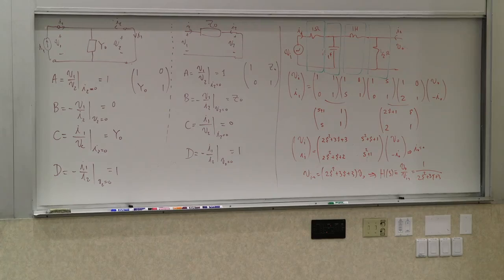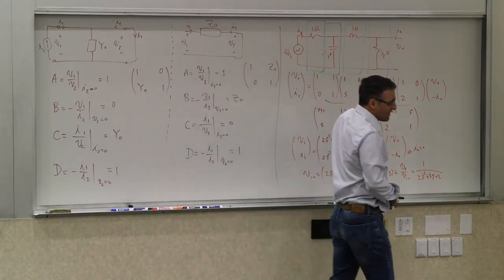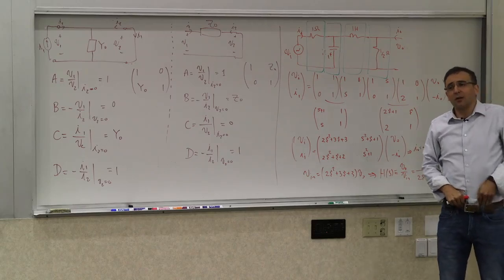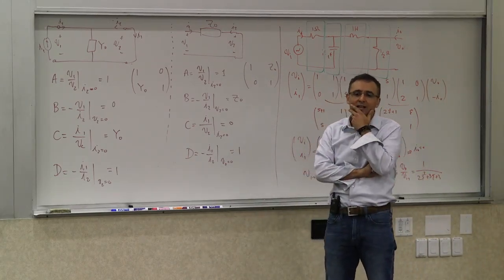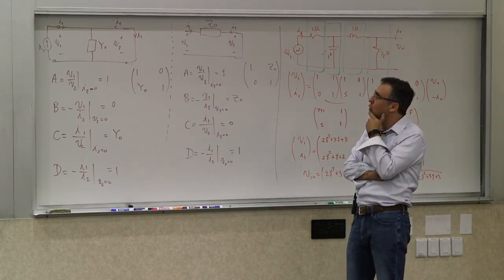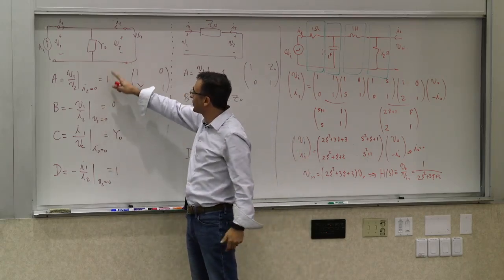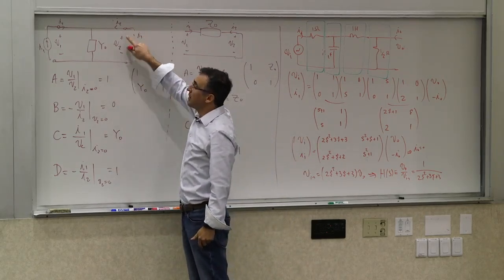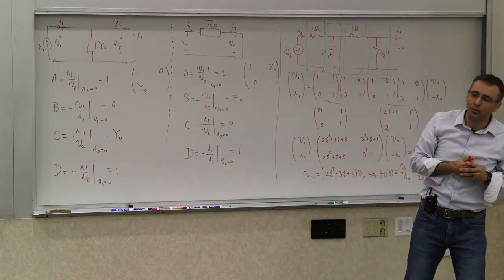Now, these are not the only parameters. There are other parameters. For example, one set of parameters that are very commonly used for characterizing 2 ports is the S parameters. The idea of S parameters is that instead of having a short or open, which you can see we get in the definitions of these things, you want to make something that's neither short nor open.